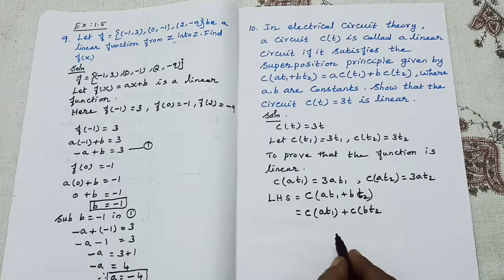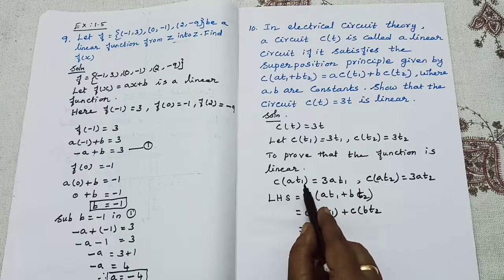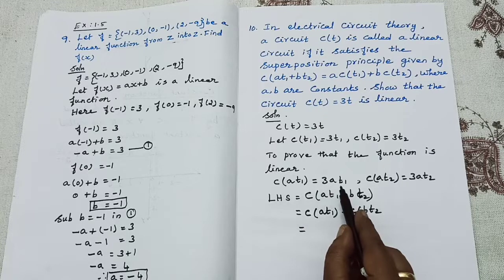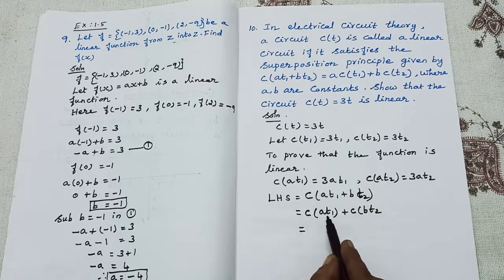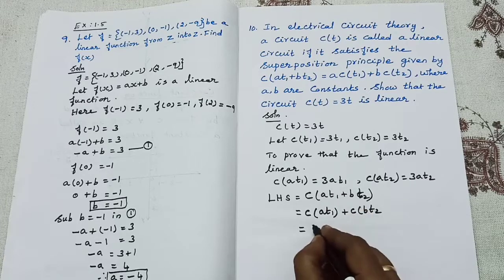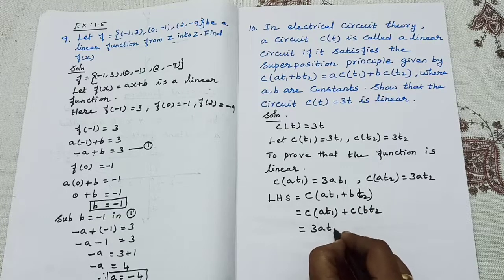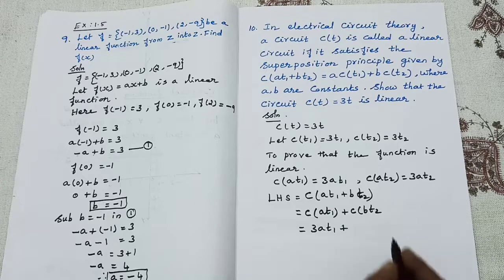Have you understood? Then, already C of A T1 is equal to 3A T1, so in place of C of A T1 we substitute 3A T1. Don't get confused.